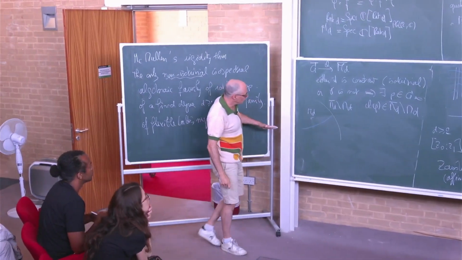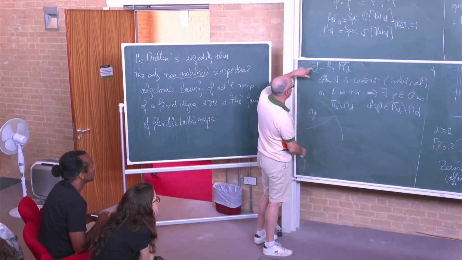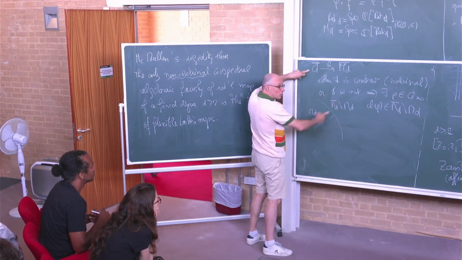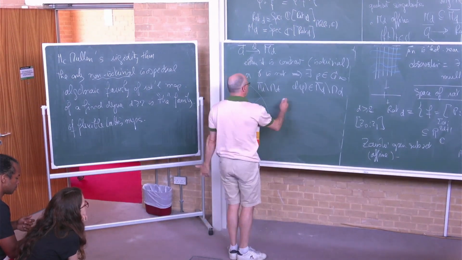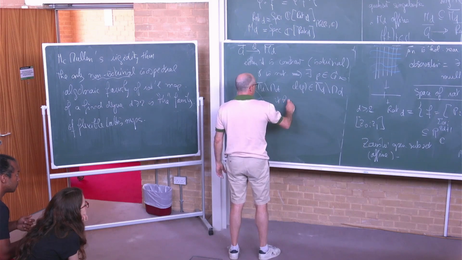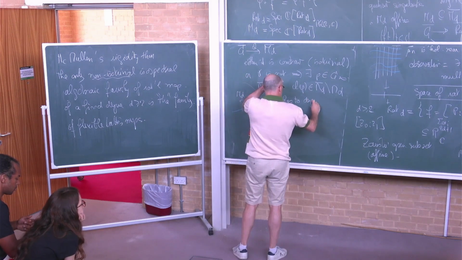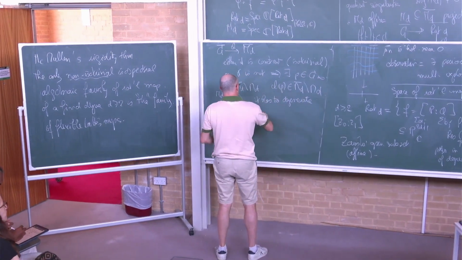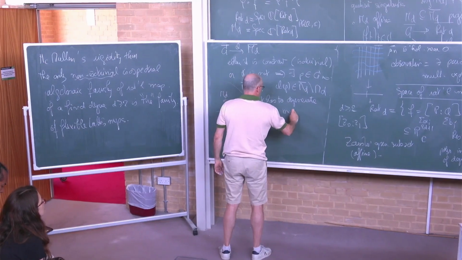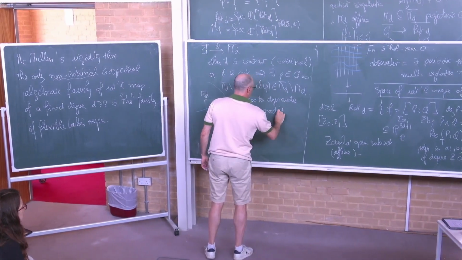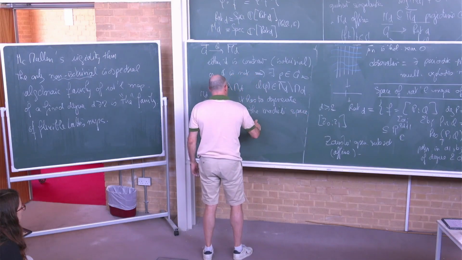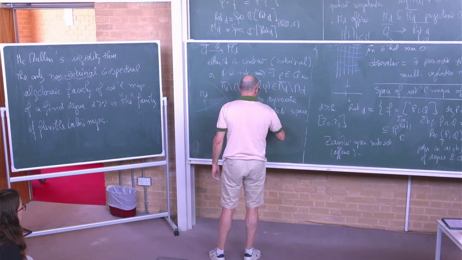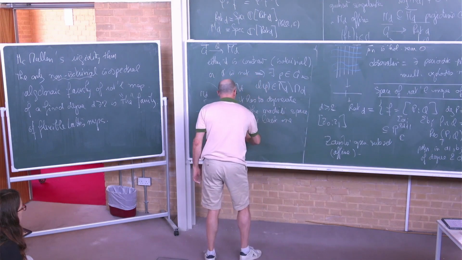So when you look at the image of C inside the moduli space, it has to touch the boundary of that moduli space. In other words, it has to degenerate in the moduli space at least at 1 point.